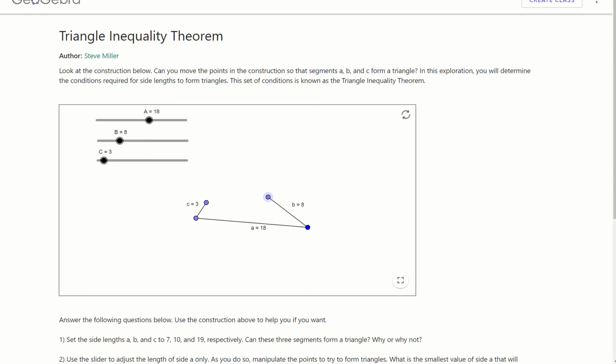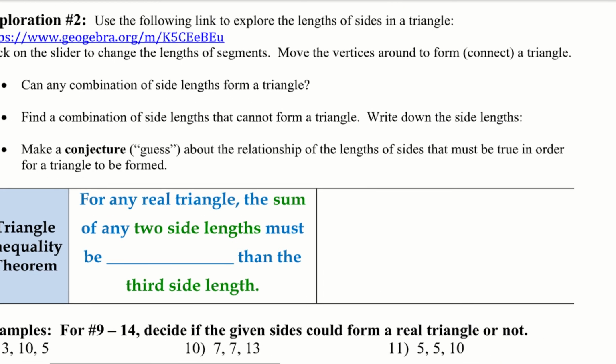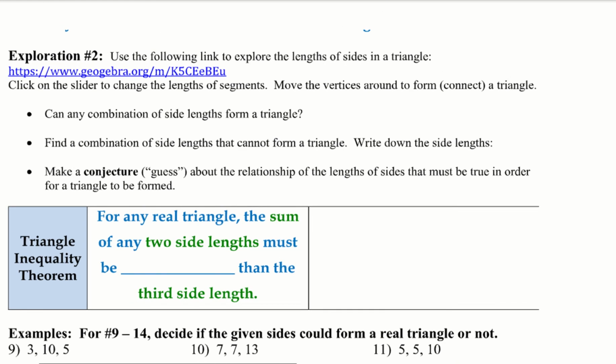All right, then we want to make a conjecture. So go ahead, think about a conjecture. I'm going to mess around with this just a little bit more. All right, so the conjecture for this one that I came up with goes along with the triangle inequality theorem, which is that two sides have to be greater than the third side.